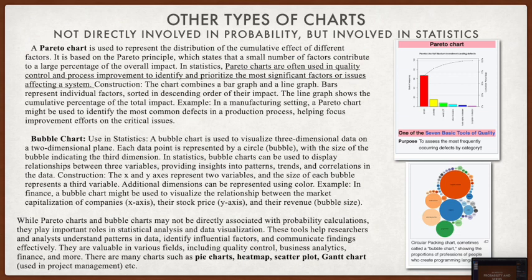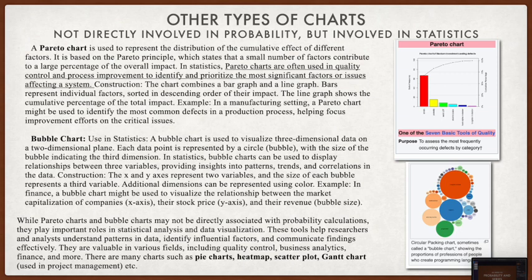How is the Pareto chart constructed? The chart combines a bar graph and a line graph. Bars represent individual factors sorted in descending order of their impact. So the red is the highest impact causing factor, and then in descending order each bar is drawn.